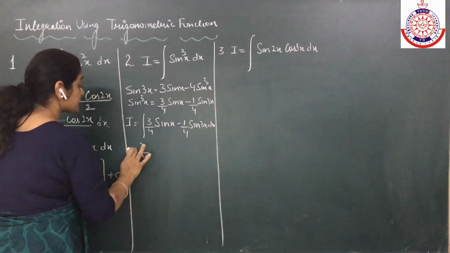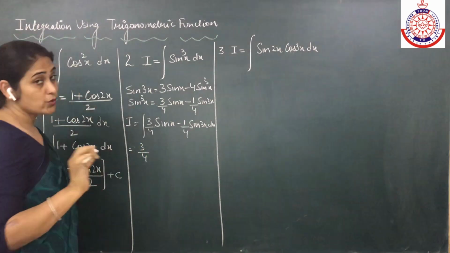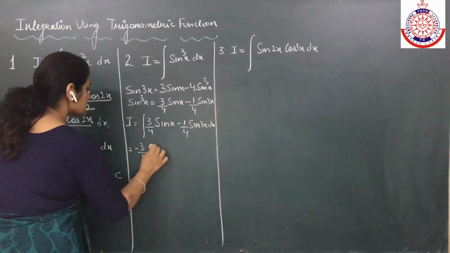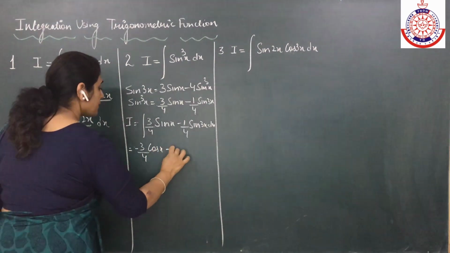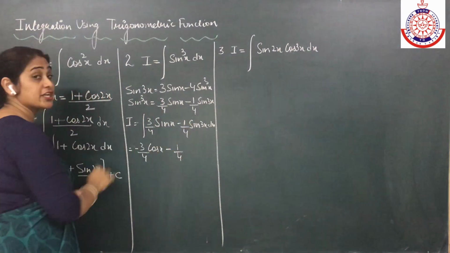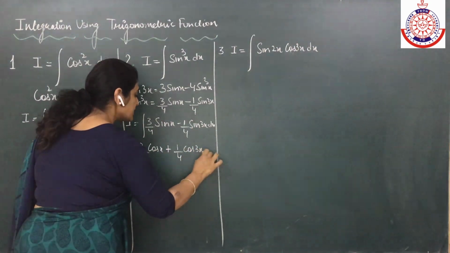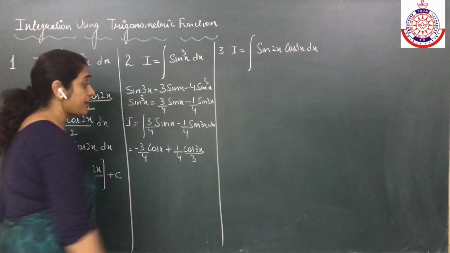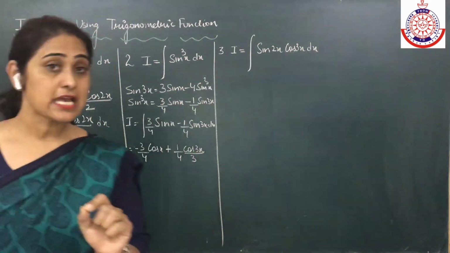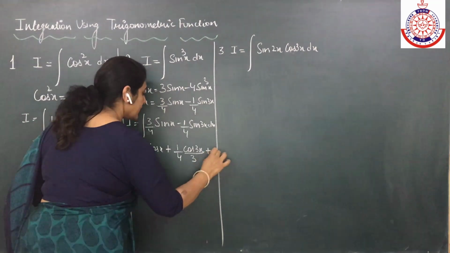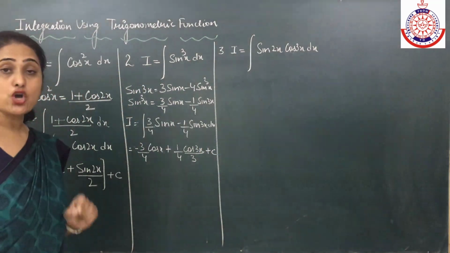What is the integration of sine? By now you will have learned the formulas. Integration of sine is minus cos. Minus 1 by 4 as it is. Integration of sine 3x is minus cos 3x, divided by the coefficient of x. Because that's not a simple x, the coefficient will come in the denominator.